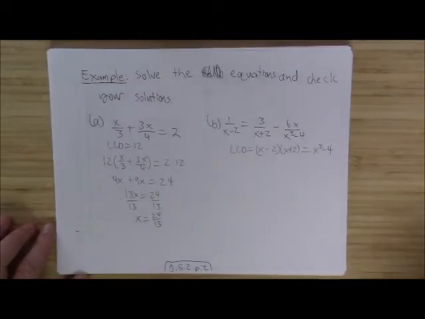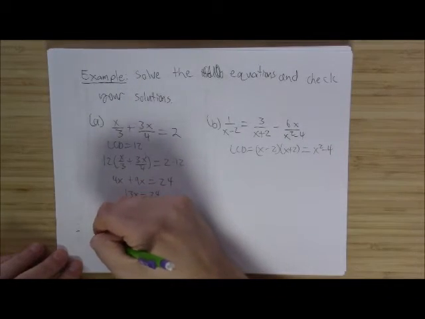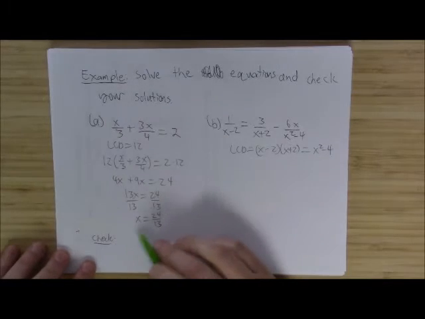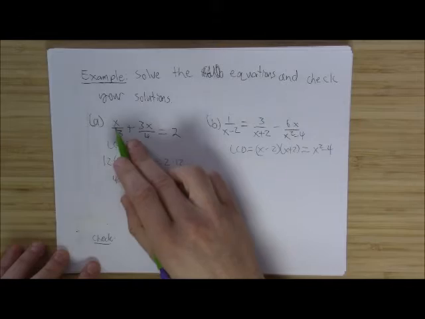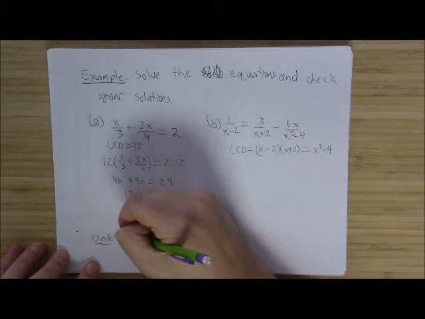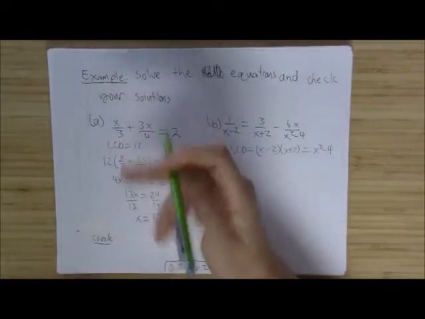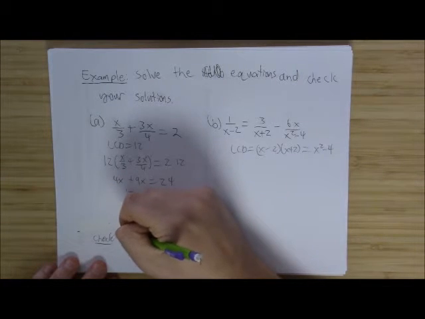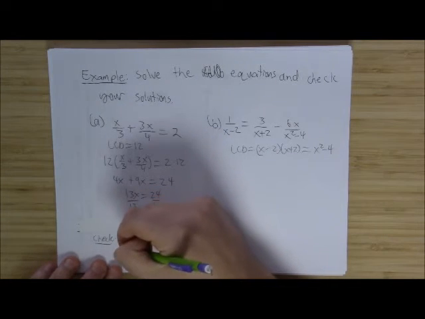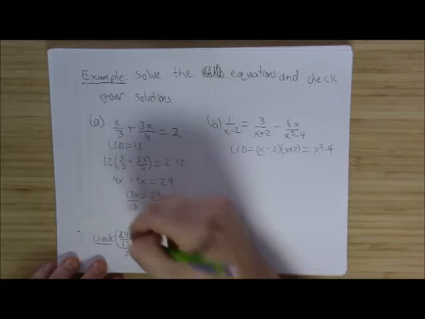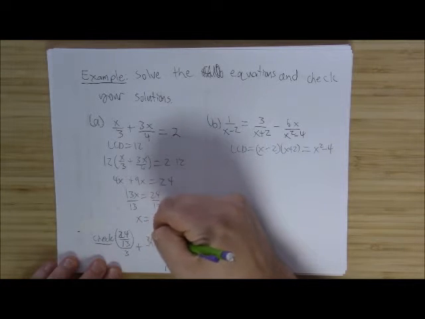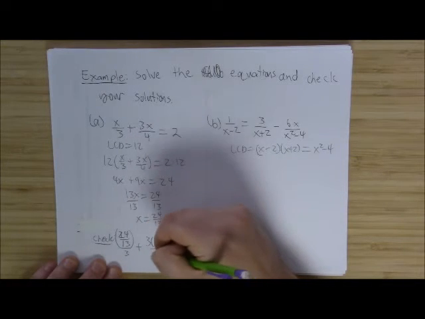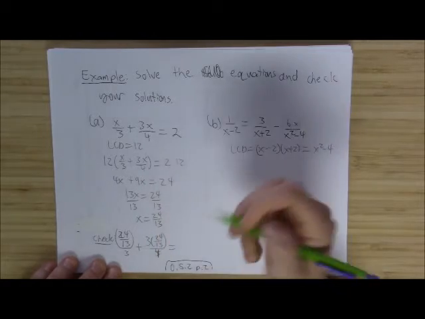Kind of ugly. Let's make sure that that's actually a solution. So check. Plugging in, we have 24 over 13 over 3 plus 3 times 24 over 13 over 4, equals what?